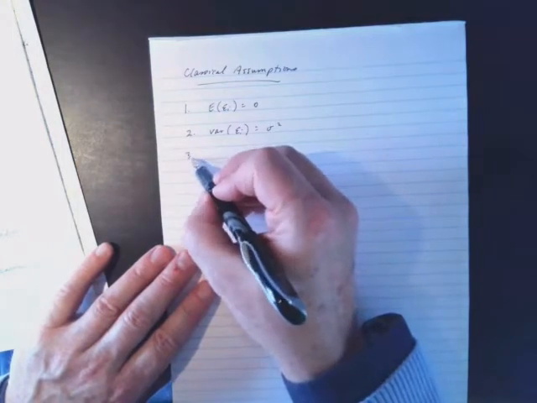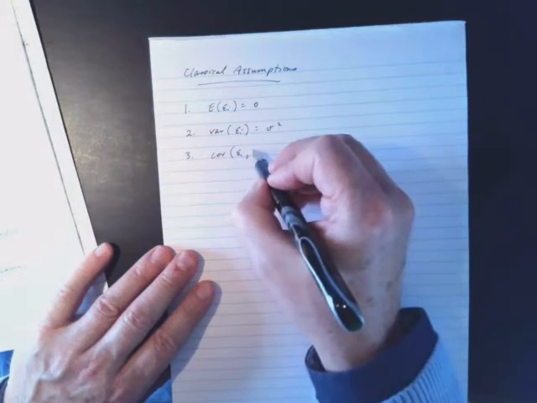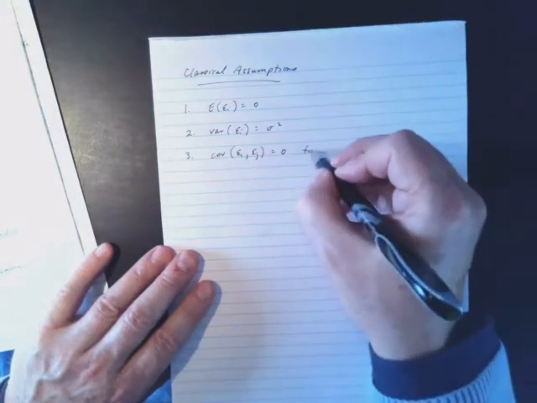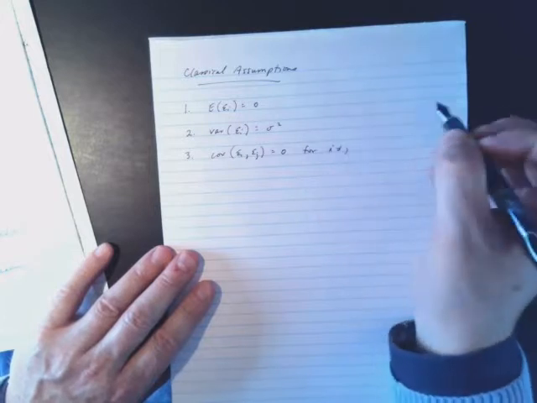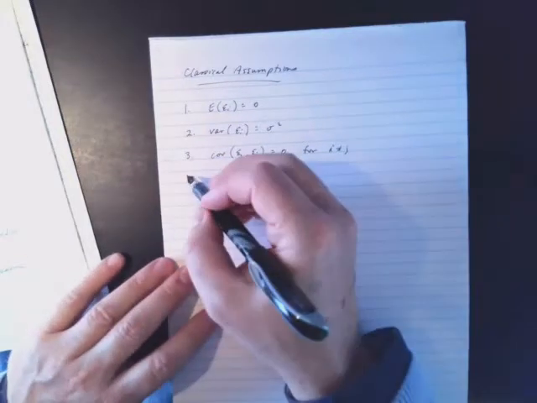And then the third one is that the covariance of the error terms equals 0 for i not equal to j. So the error terms are uncorrelated with each other across the sample. And again, same as before, so nothing's changed so far.